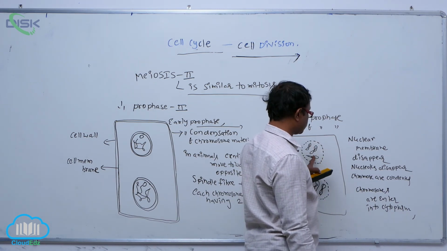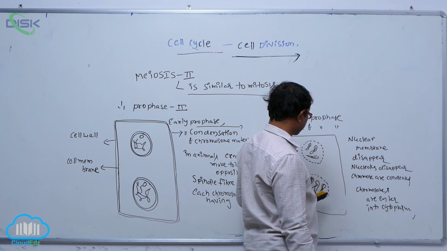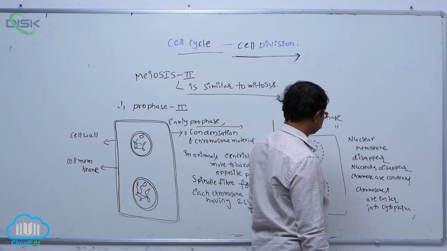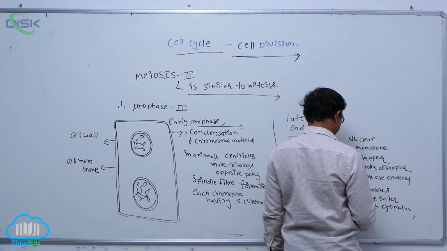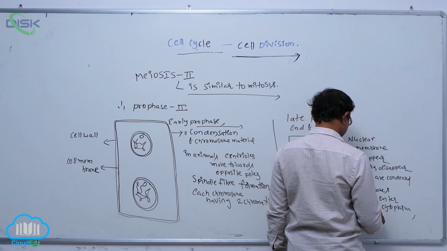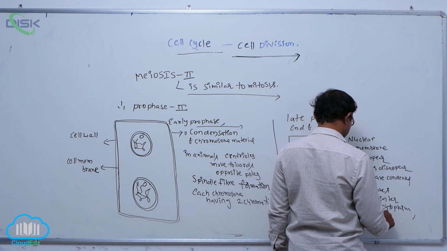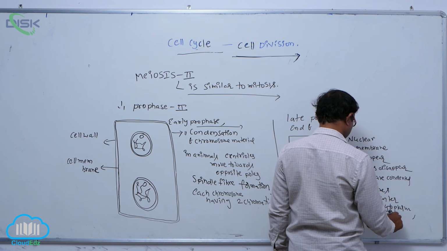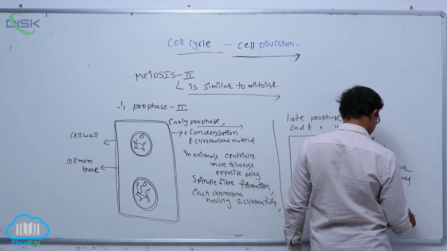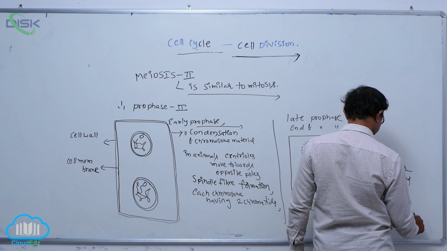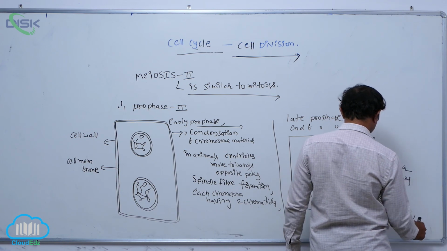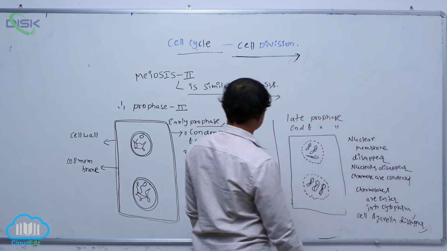Chromosomes are condensed, and then they enter into the cytoplasm, and cell organelles disappear. So that is known as prophase 2.